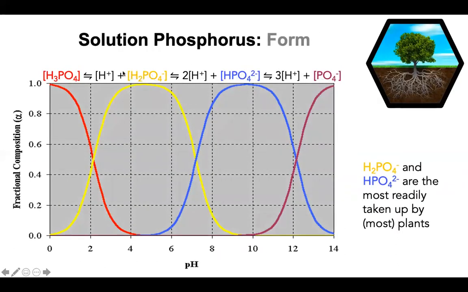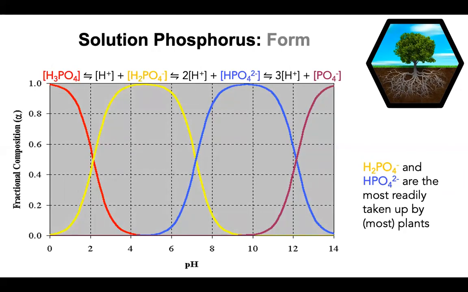Now, for solution phosphorus, we need to think more about another R, which is the right form. What happens is, because phosphate, the PO4 molecule, can have H+ ions sorbed to it, as soil pH changes, the relative amounts of each form in the solution can vary.